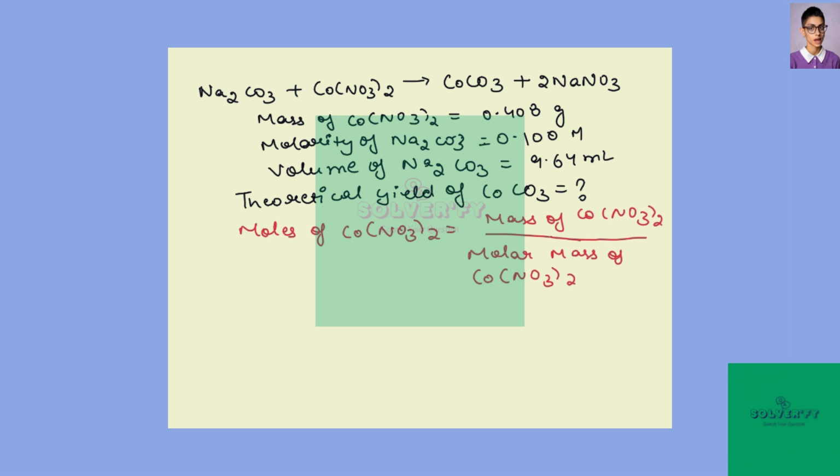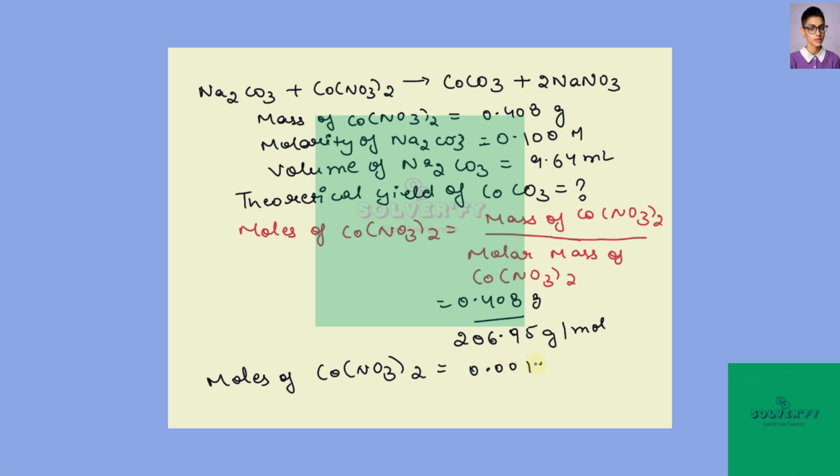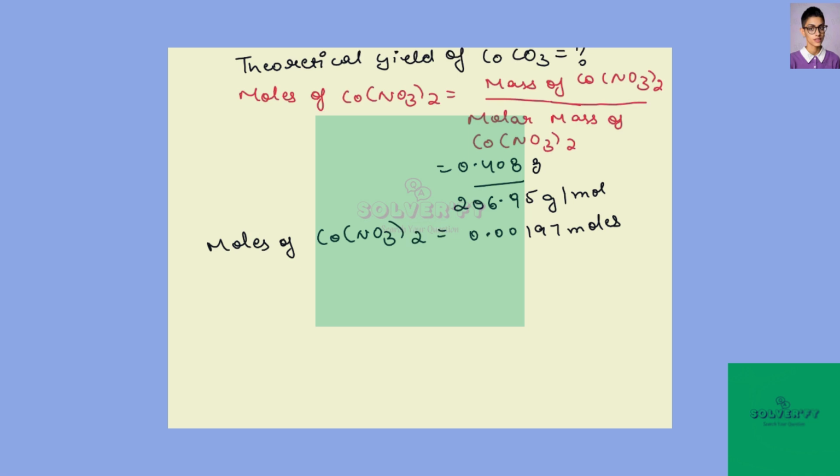So mass is equal to 0.408 gram and its molar mass is equal to 206.95 gram per mole. So when we solve this, we get the moles of the Co(NO3)2, which is equal to 0.00197 moles.